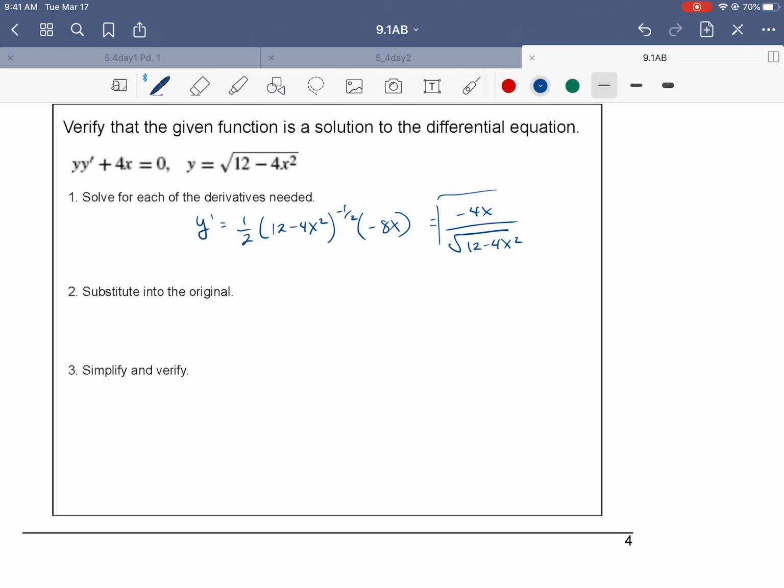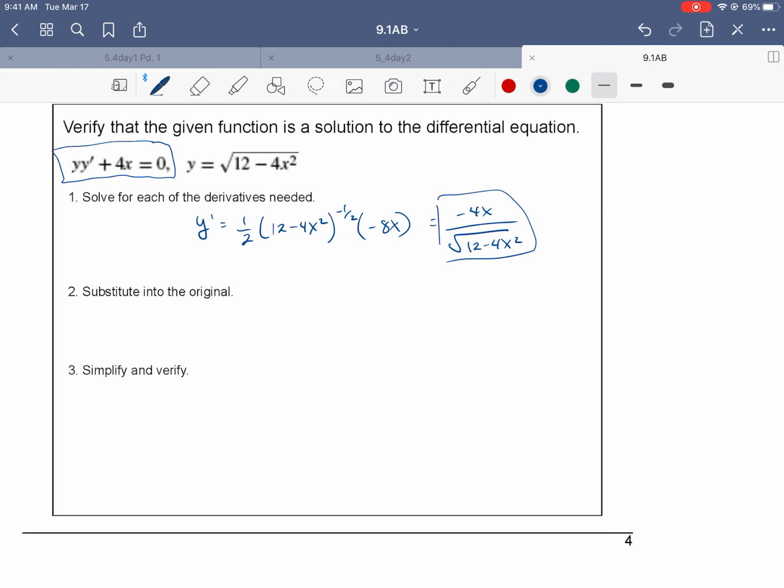So we're going to take that and substitute it into what is considered the original. It's considered the original because that's what you would start off with. You would start off with a differential and you would work with that. So we call it the original, and y prime gets replaced with negative 4x over the square root of 12 minus 4x squared.